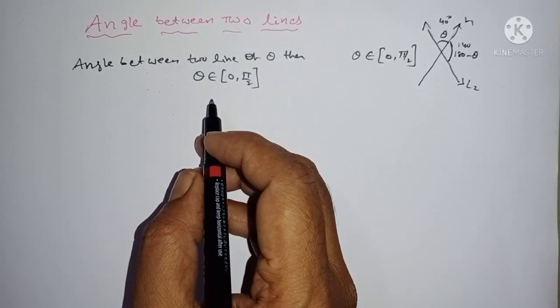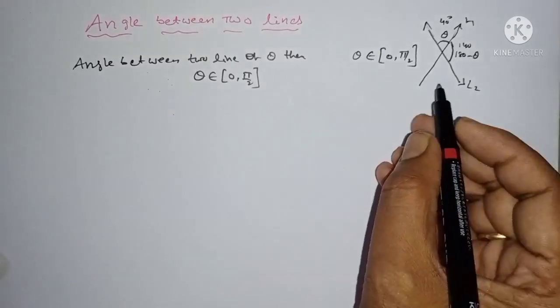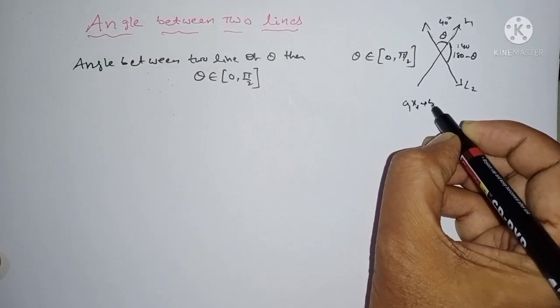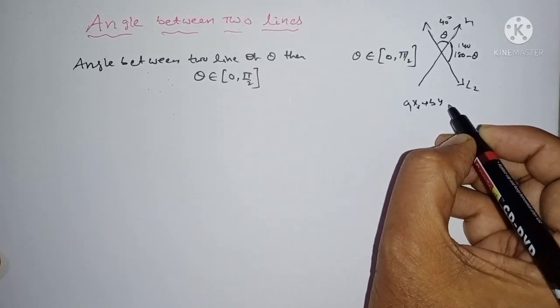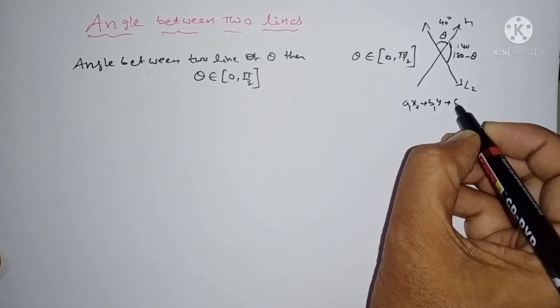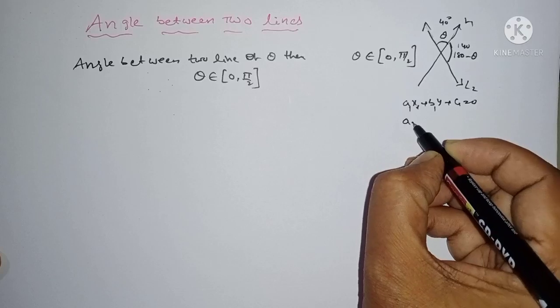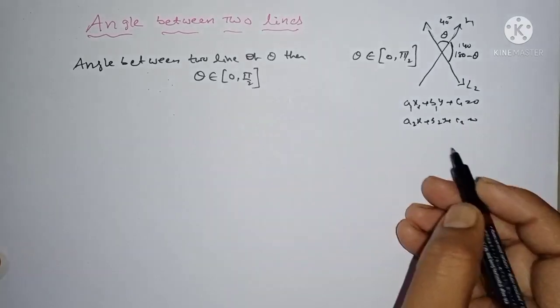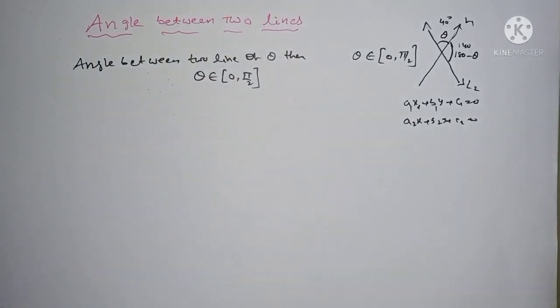How to find the angle between the lines? If it is given a1x plus b1y plus c1 is equal to 0 and a2x plus b2y plus c2 is equal to 0, two lines are given, then find the angle. What is the formula? We have the theorem. Okay, I will explain.